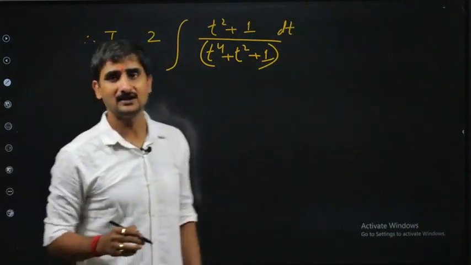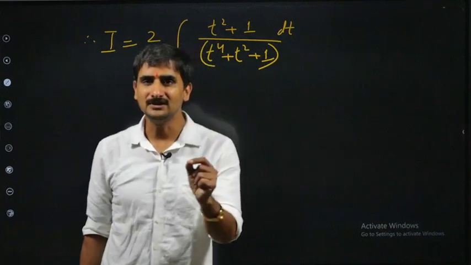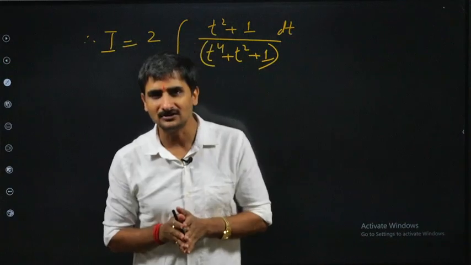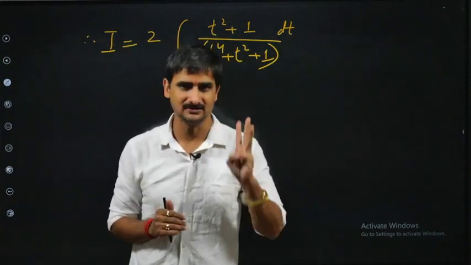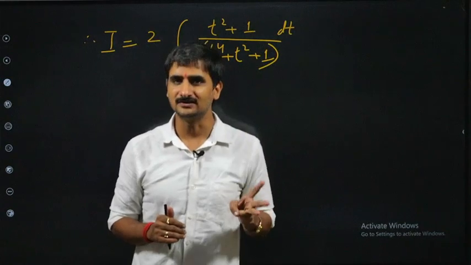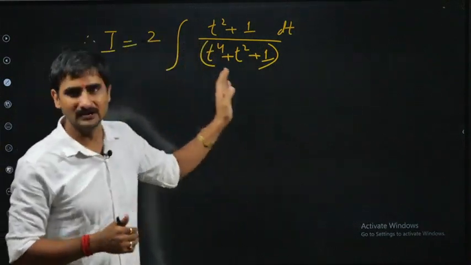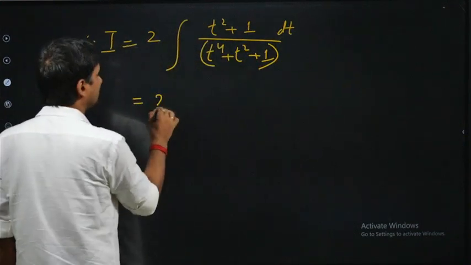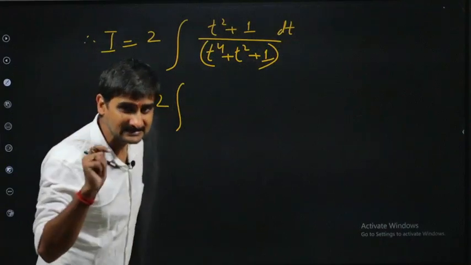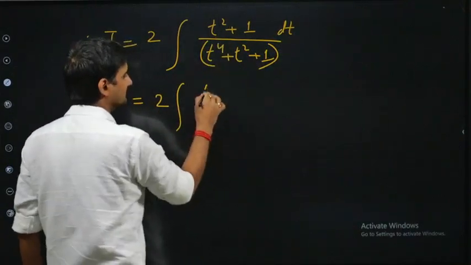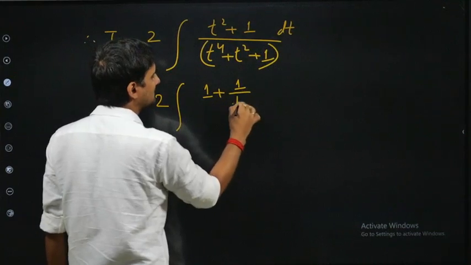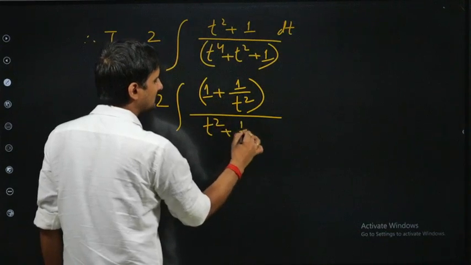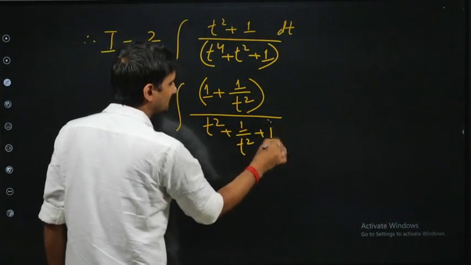Whenever you have in the denominator the combination of a 4-degree term, a quadratic term, and a constant term, just these 3 terms, we divide both numerator and denominator by t square always. In the numerator you get 1 plus 1 upon t square, and in the denominator t square plus 1 plus 1 upon t square.